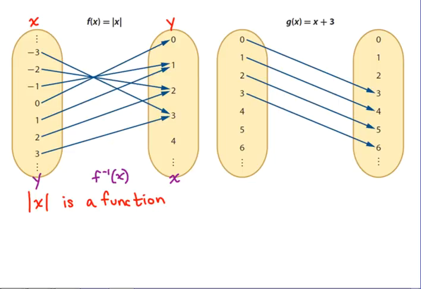Is the inverse a function? No, because if this is our set of x values over here on the right, 3 has 2 y values. 2 has 2 y values. So its inverse is not a function. Okay, f inverse of x in this case is not a function.